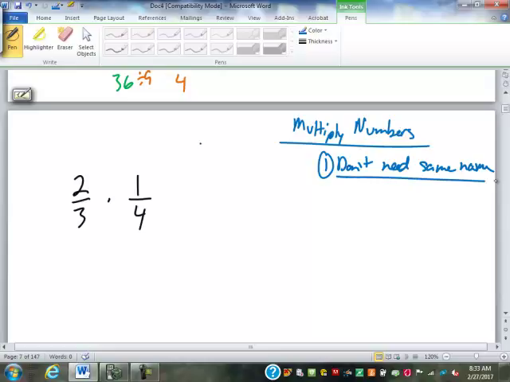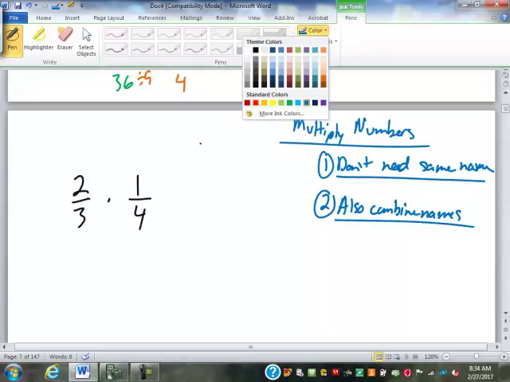So for fractions, that means denominators. We do not need a common denominator. And second, we're going to also combine the names. We multiply the names. We don't need the same name.